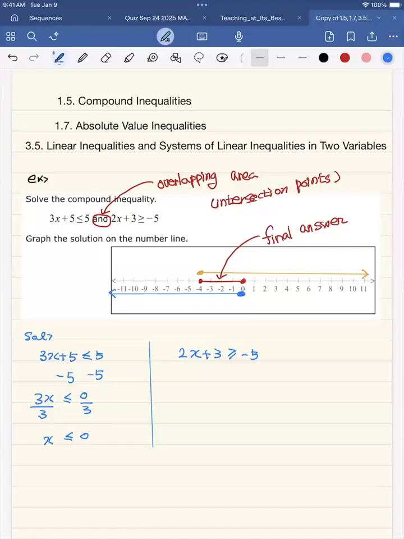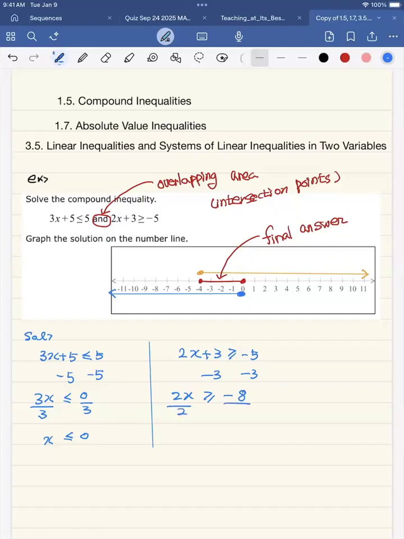Let's work out 2x plus 3 is greater than or equal to negative 5. We subtract 3 on both sides. Then we have 2x is greater than or equal to negative 8. Let's divide by 2 on both sides.